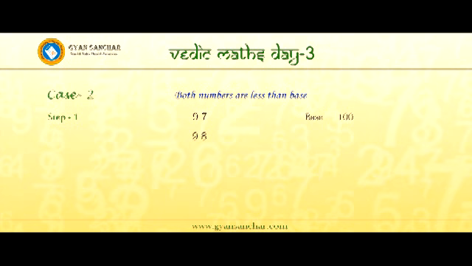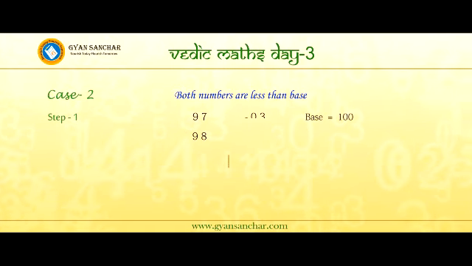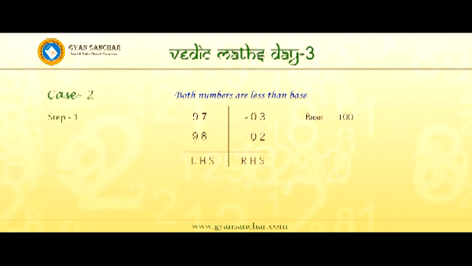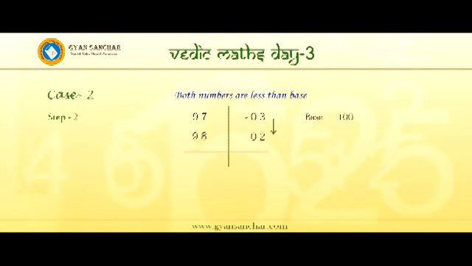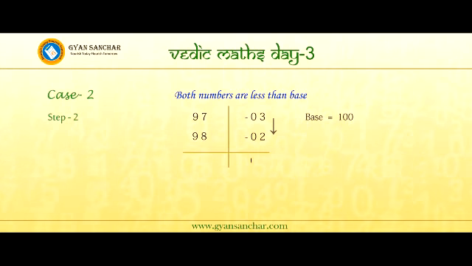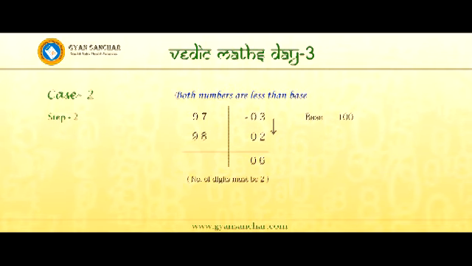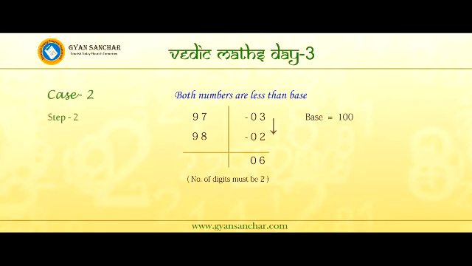In this case, we get the differences as -3 and -2 respectively. Step 2. As we did earlier in case 1, RHS is -3 into -2, which is equal to 6. We add 0 to the left of 6 in order to make it a two-digit number, as the base is 100, so the final RHS is 06.